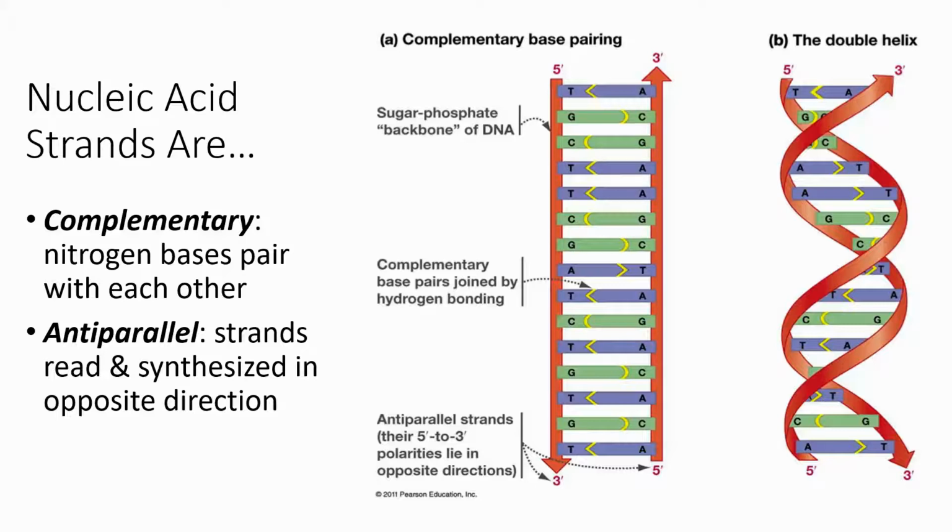They are also anti-parallel. So if you've got two DNA strands, they are read in opposite directions. This one would be synthesized in the 5' to 3' direction, and the opposite, complementary strand would be synthesized in the opposite direction. So you wouldn't actually read the two strands of DNA going in the same direction.